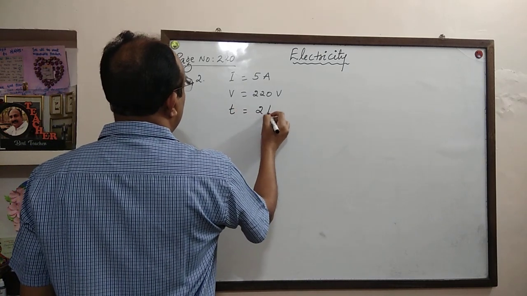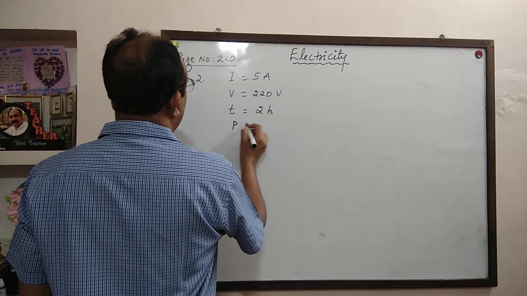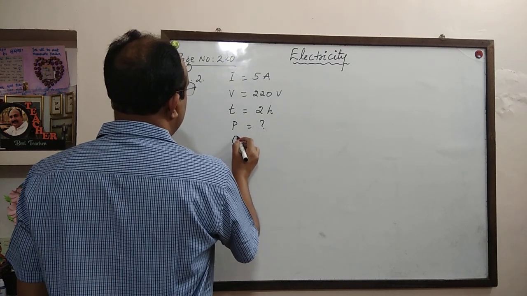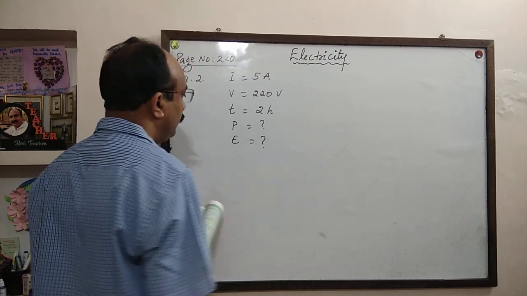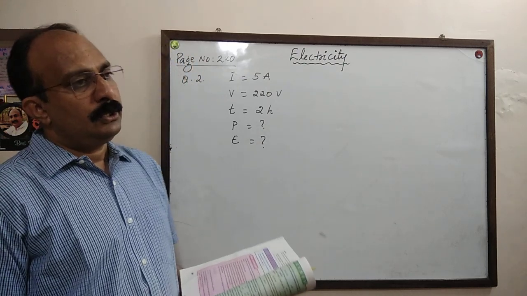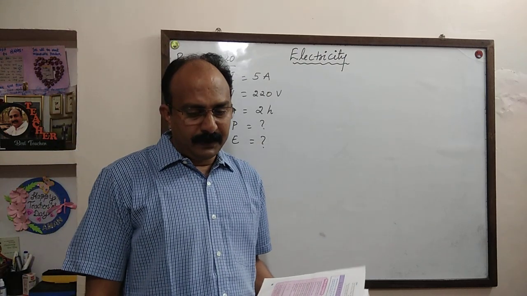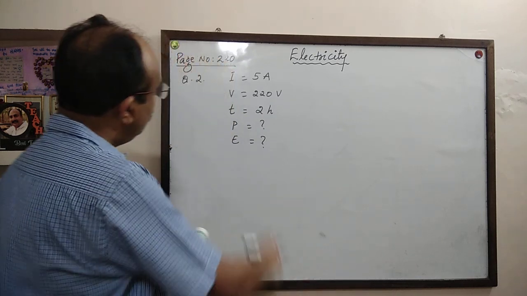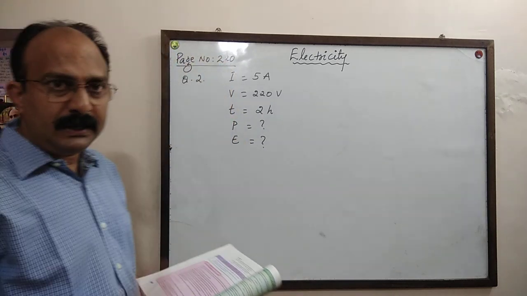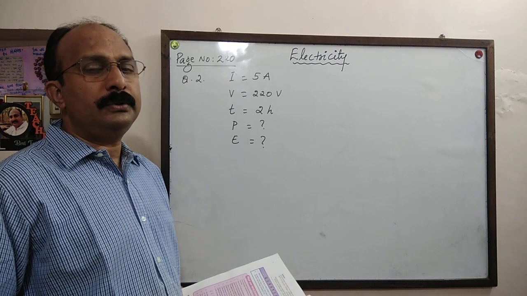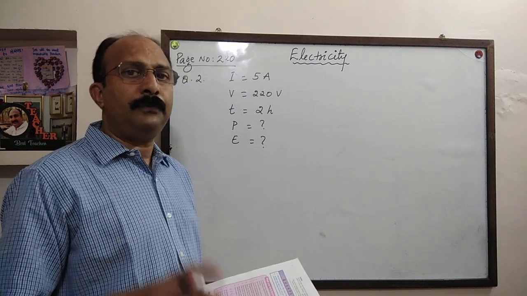Time is 2 hours. Power and energy, very simple question. You know different formulas for power, and using the given conditions we have to use the appropriate formula for each.